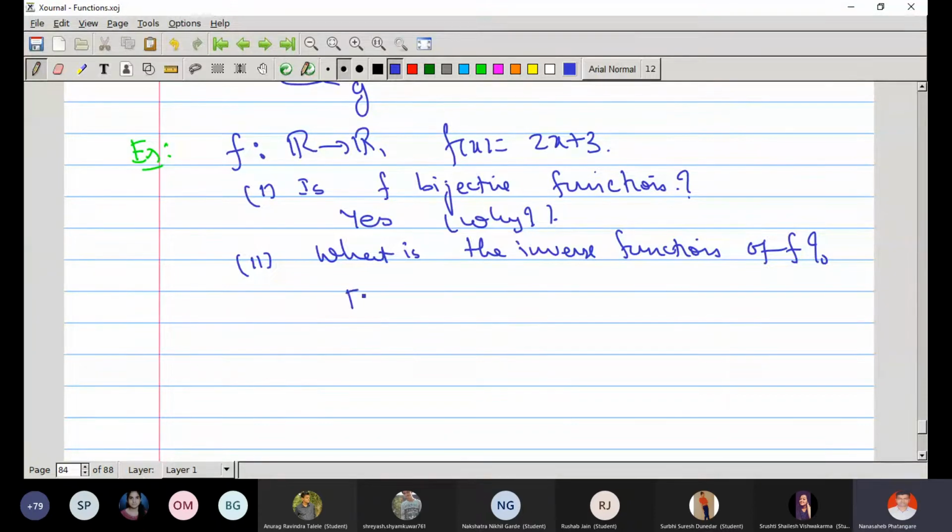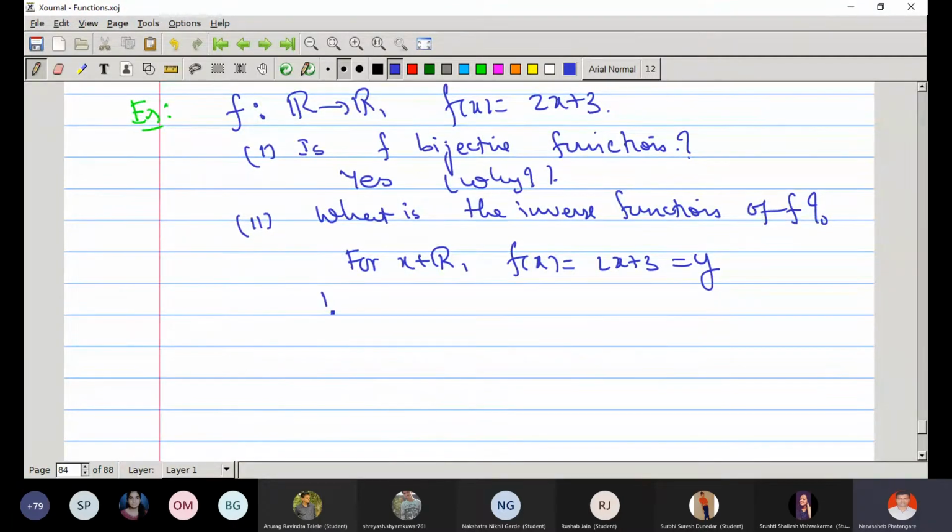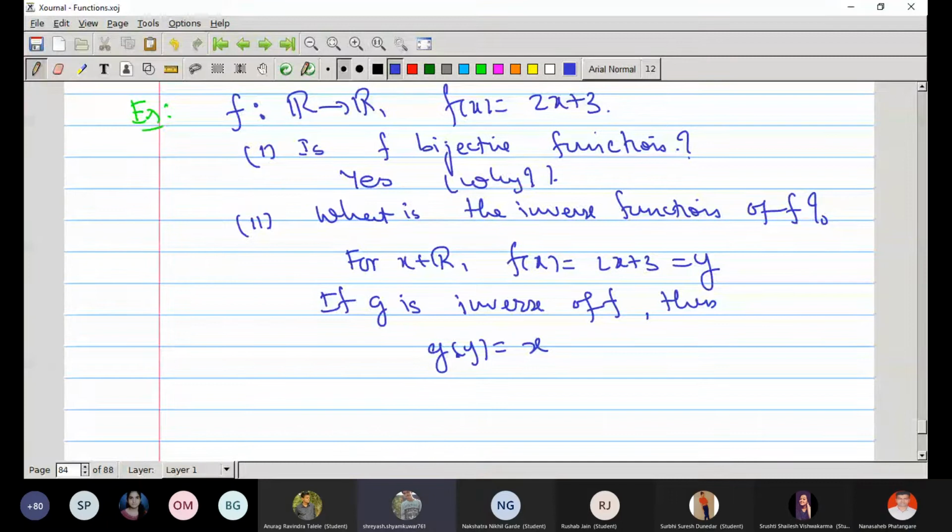So how to find the inverse function? For x in the domain of f, f of x is equal to 2x plus 3, which is y, right? If g is the inverse of f, then g of y should be x, which is (y minus 3) by 2.